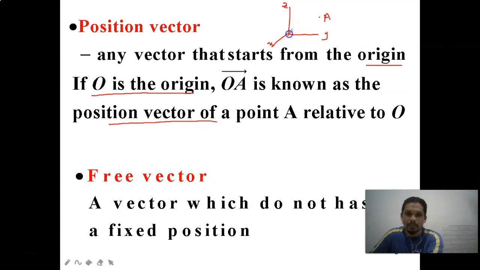Okay, so from 0, 0, 0 to the point A, OA is the position vector. Then a free vector, which does not have a fixed position.